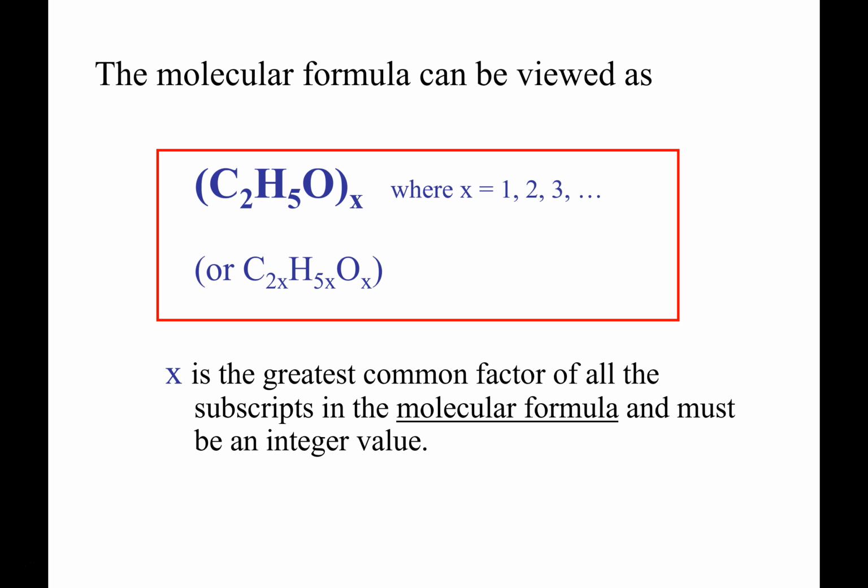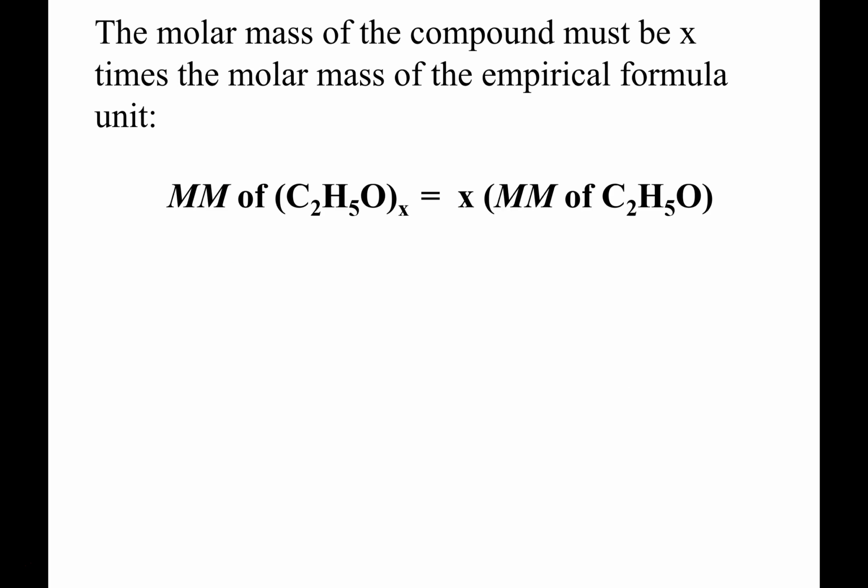We don't know what that X is. But we know it's an integer. What we're going to do is come up with the molar mass, that's what MM is, of the repeating unit, the molar mass of the empirical formula. And we're basically going to see how many of those units do we have in the overall, which in this case is 90.1.